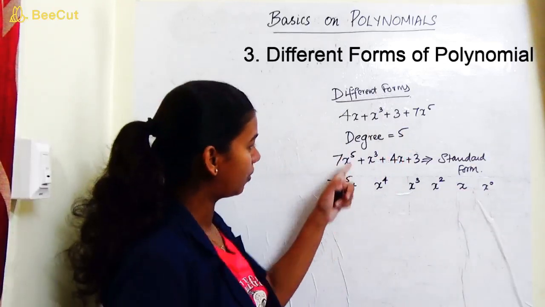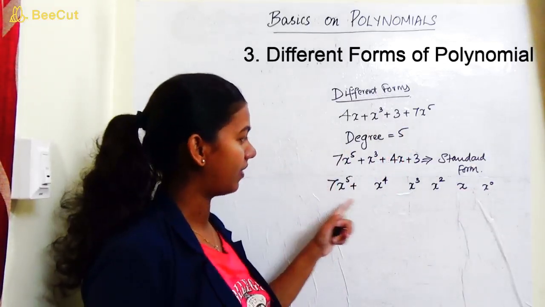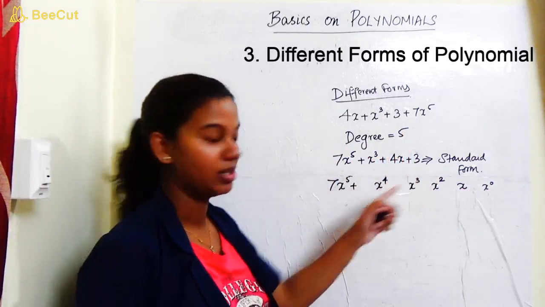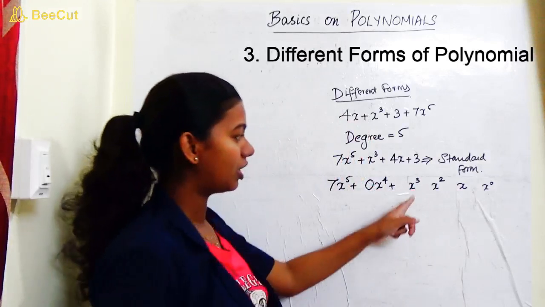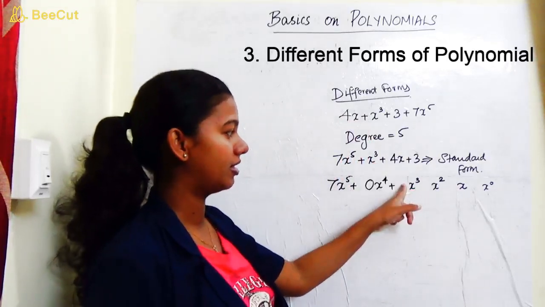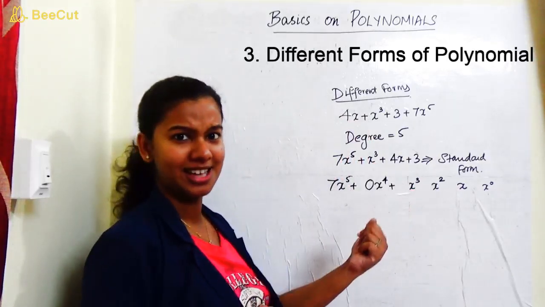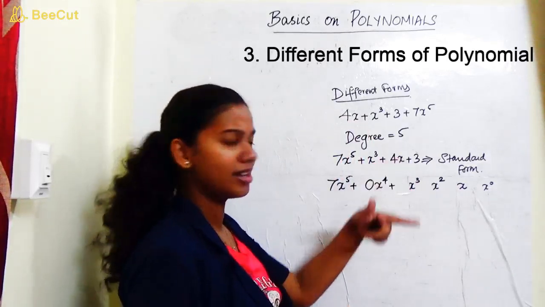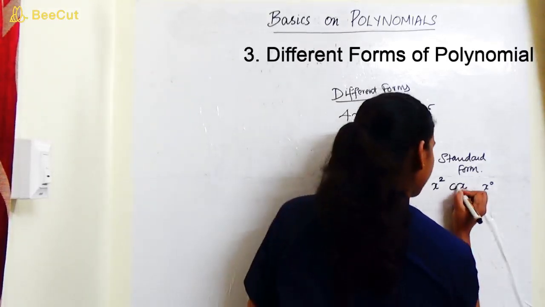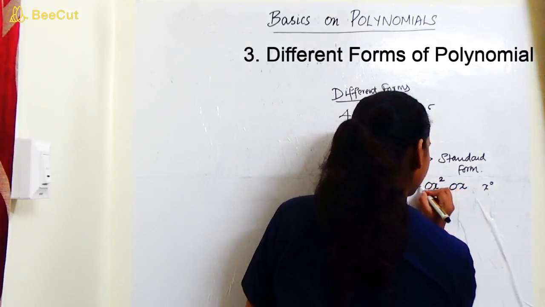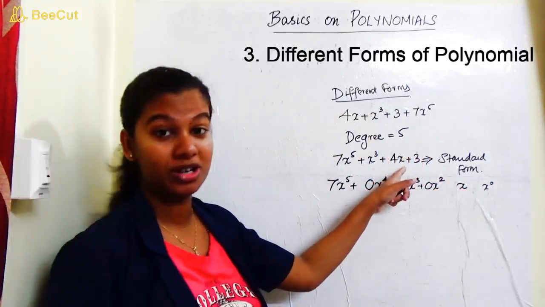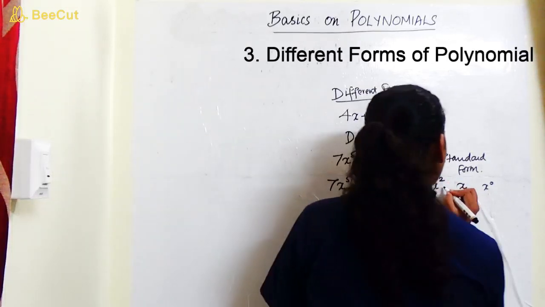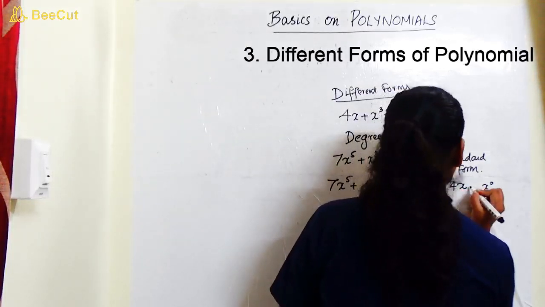Okay. So for x raised to 5 the coefficient is 7. X raised to 4 is not there, so I'll put 0 plus, what about x cube? Yes, 1. So I can just write it as x cube. Next x square is not there, so I'll put 0. Next plus 4 into x.